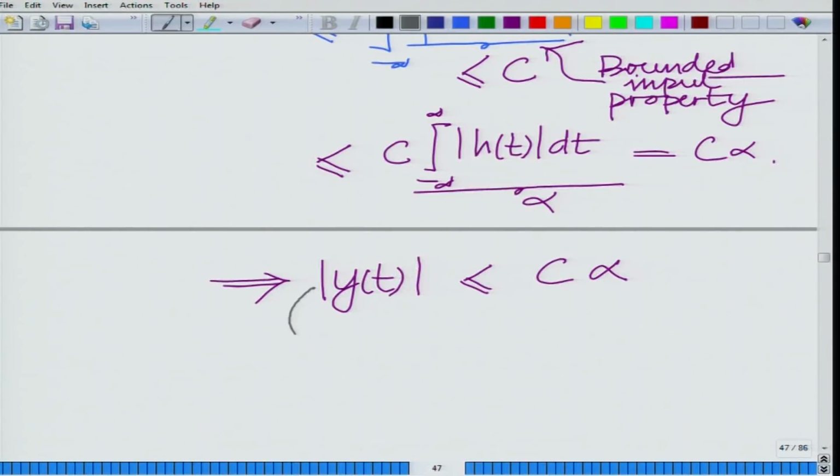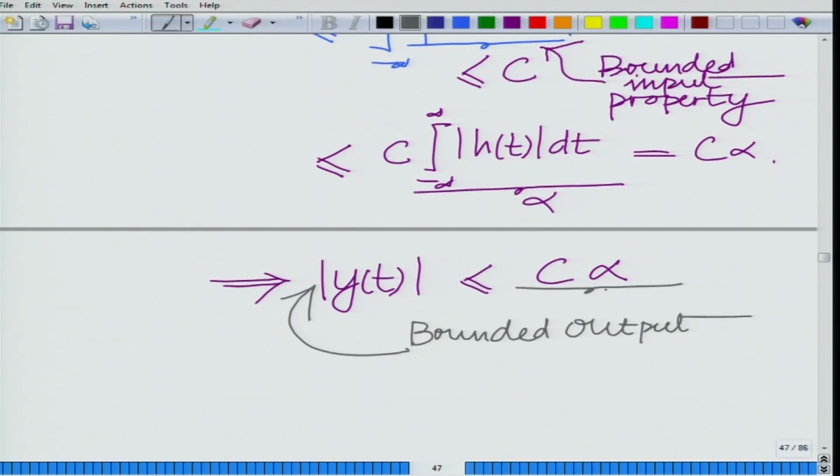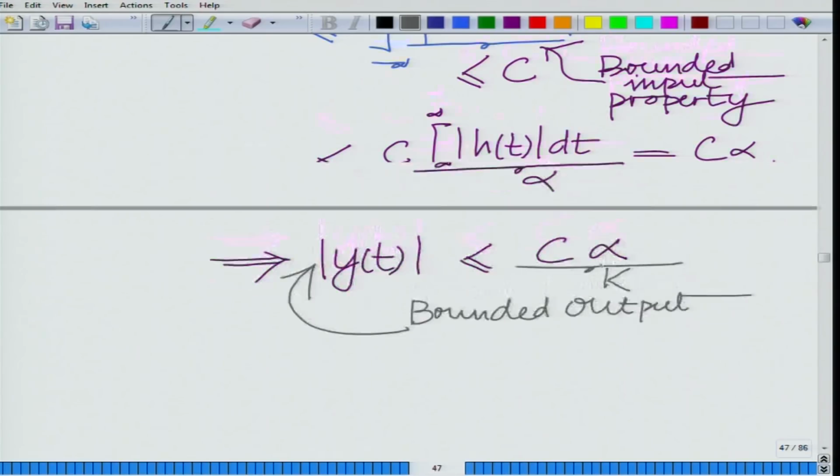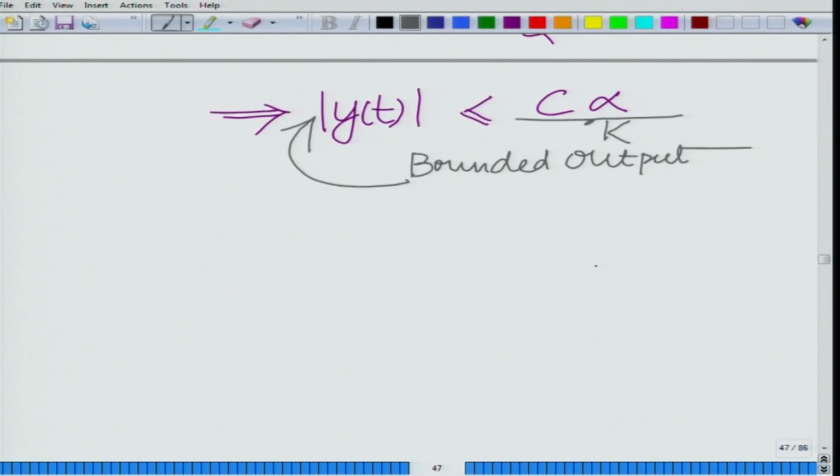So this output, magnitude y of t, is a bounded output, and this is your constant k that we talked about initially, magnitude y of t less than or equal to k. So any bounded input produces a bounded output.